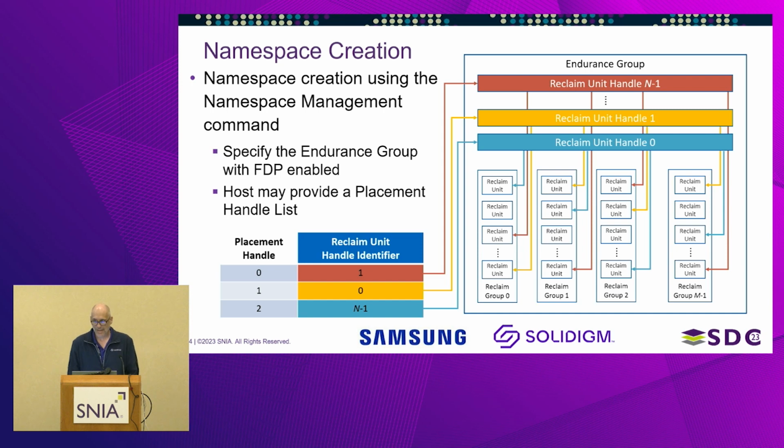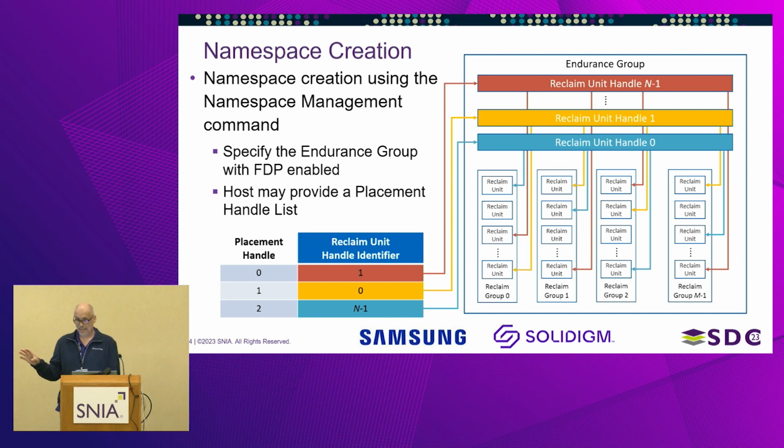So in addition to hanging within the specification for endurance groups, I have to hang within namespaces. So when you want to set up an FDP configuration, you identify the namespace and you say, I want this namespace to be an FDP namespace, and then that basically sets up that drive namespace to work with FDP. What's shown here on the bottom left side is a placement handle and a reclaim unit handle identifier.